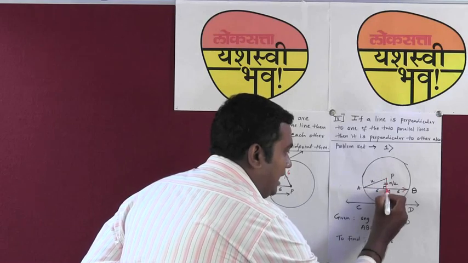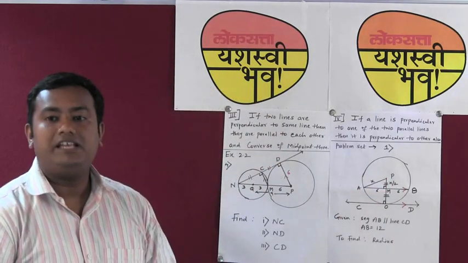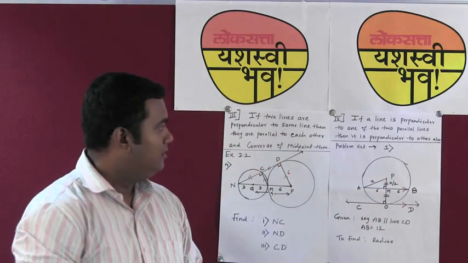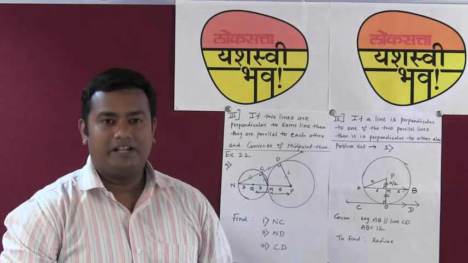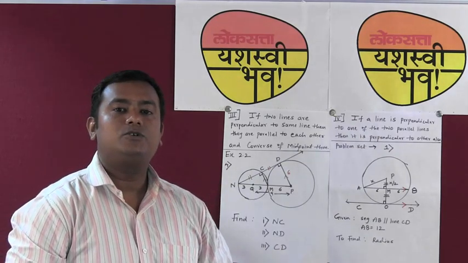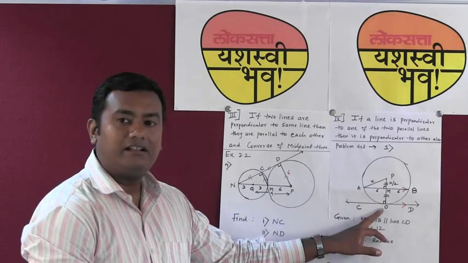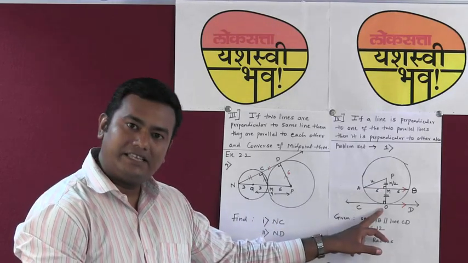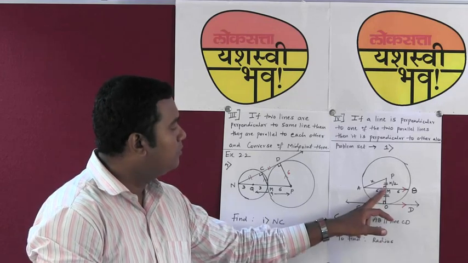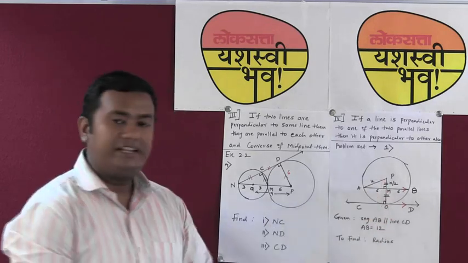So angle AMP also becomes 90 degrees. If not, you can use the converse of the corresponding angles test. By using that also we can prove angle AMP is 90 degrees.